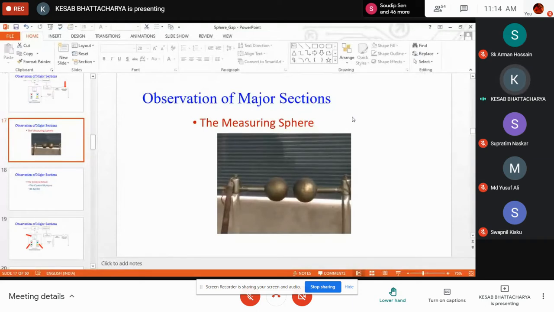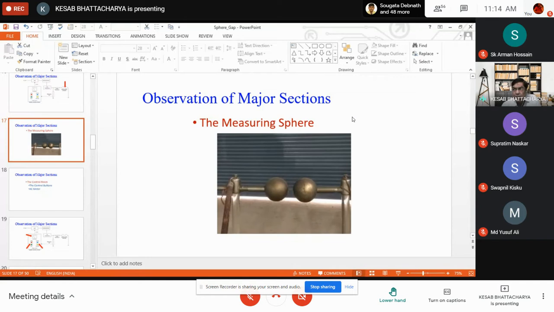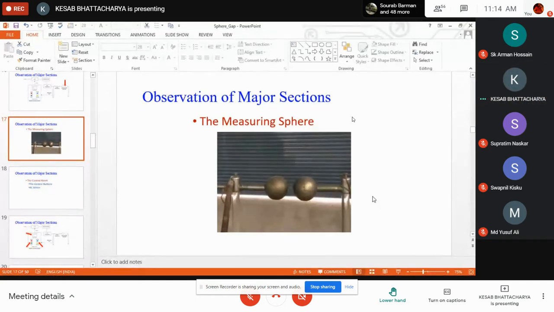Now the thing is this: actually, if you think about the unit of electric field, it is kV per centimeter or kV per millimeter or volts per centimeter, volts per millimeter, etc. That is, dimensionally, electric field intensity is nothing but the ratio between the voltage and gap distance, right?